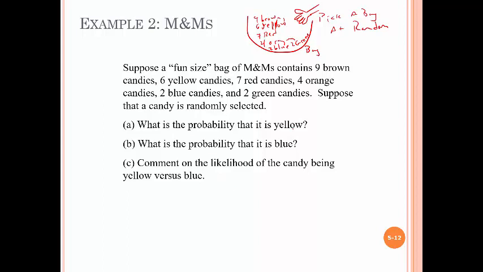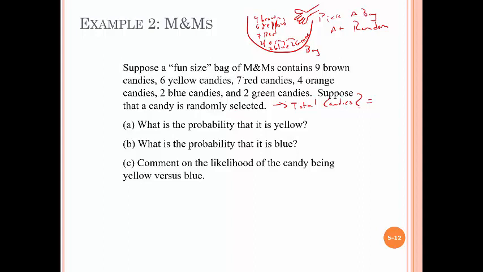What is the probability you get a yellow? What is the probability you get a blue? And then let's comment on the likelihood of the candy being yellow versus blue. The first thing you have to do is add up the total number of candies in the bag.